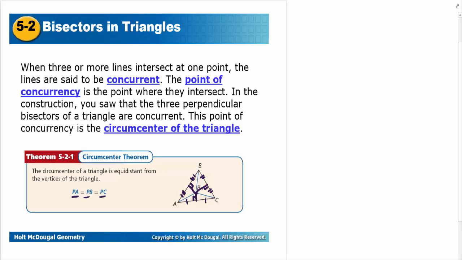If any of that's missing, you can't state that the three segments from the concurrency point to each vertex are congruent. So it all has to be there. You need a lot of information to make this conclusion. Okay, so that's important. It looks kind of complicated, but it's really not so bad. It's just three things that you have to be able to show, so it's easier to learn that way.